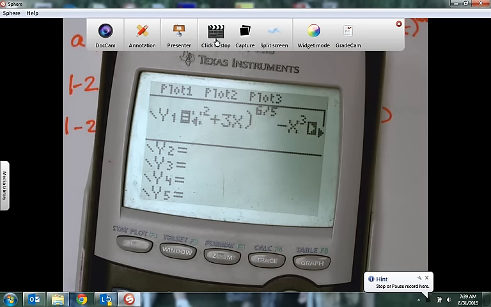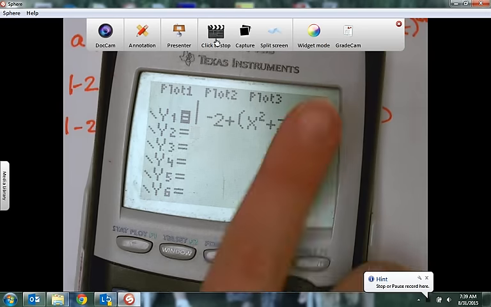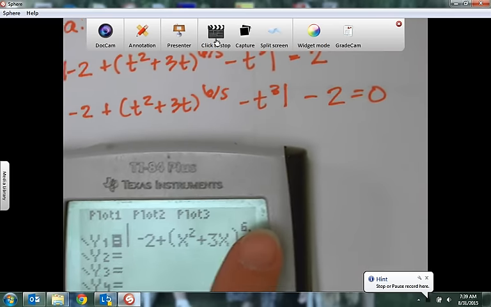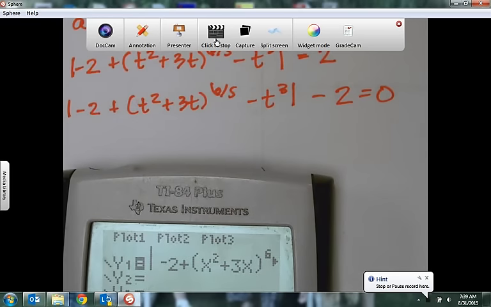And then, let's see, I have -2. So I put all that into my y equals from what I had here. And now I'm looking for where that is 0, but I'm only looking on the interval it said from 2 to 4.